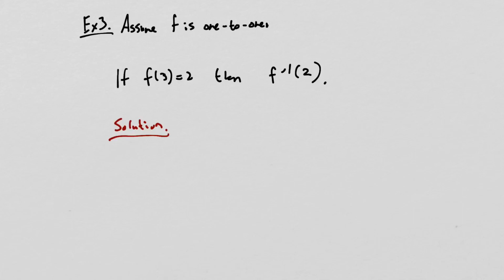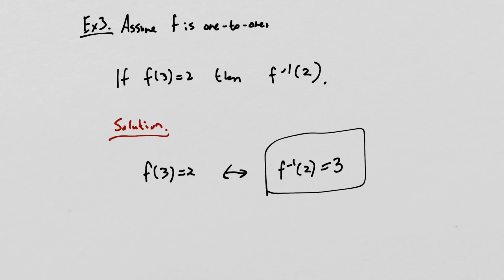Since we're given f of 3 is equal to 2, by the definition of an inverse function, this occurs exactly when we have that f inverse of 2 is equal to 3. And here's our solution.